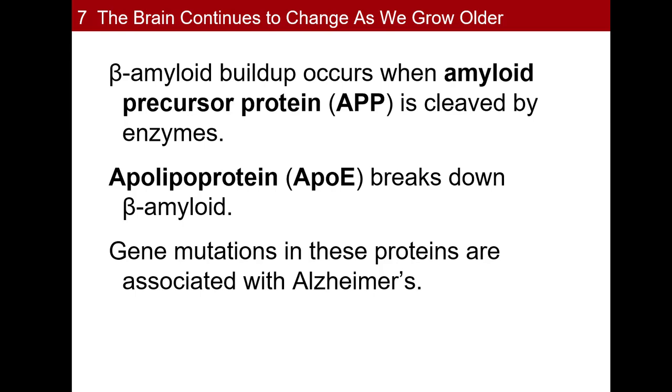It talks about apolipoprotein here, an important factor in breaking down the beta amyloid. So it could be that a person has too much of the amyloid precursor protein, so there's too much of this beta amyloid. Or it could be that a person does not have enough of this apolipoprotein to break down the beta amyloid.